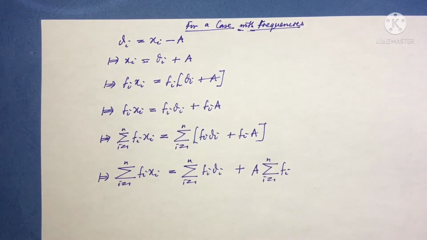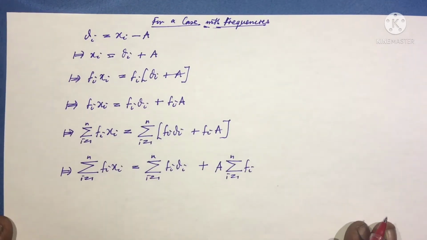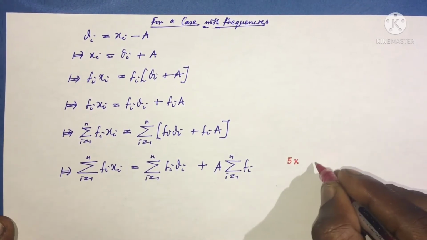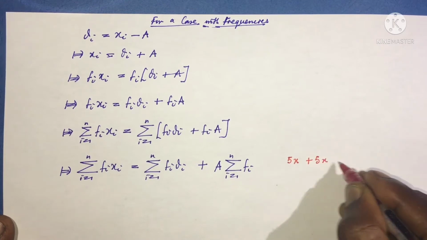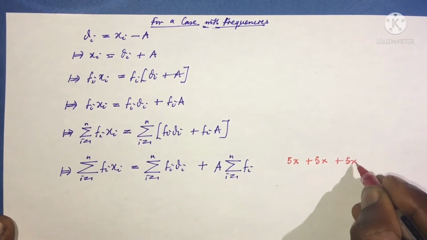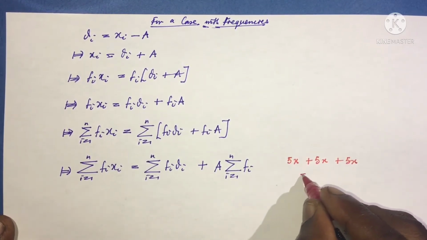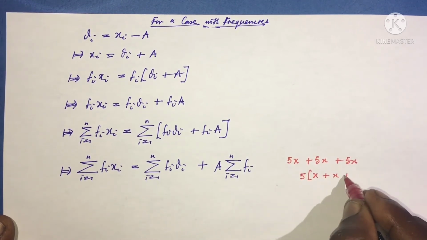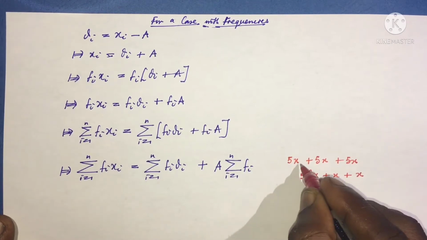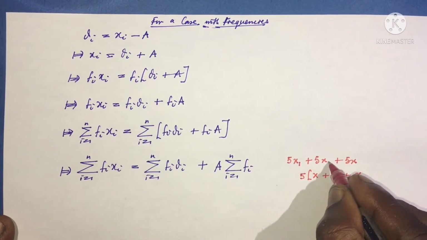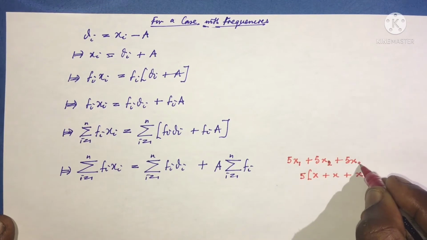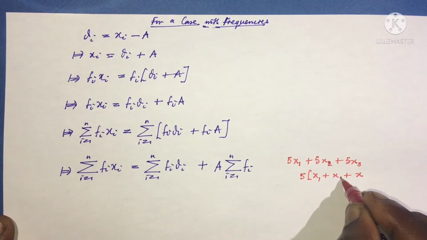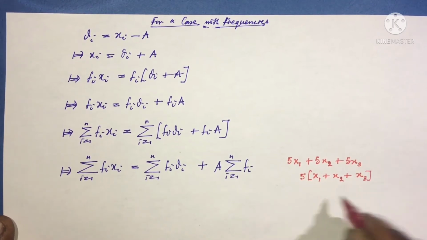Now let me explain what is actually going on there. Take note, if I have 5x plus 5x plus 5x, it is the same as having 5 in bracket (x plus x plus x). So if I call this x1, let's assume that the x's are different, and I call this x3, this will be 5 times x1, x2, x3 adding themselves.